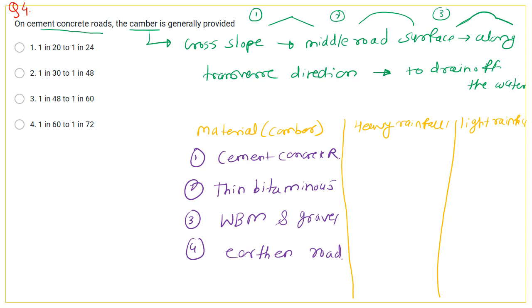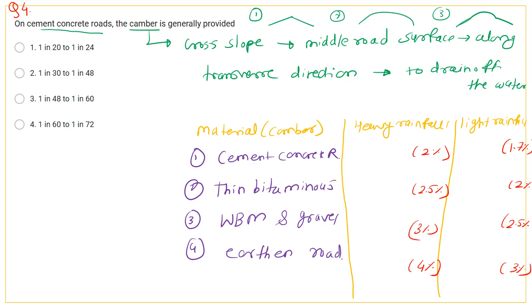First, we remember the values in terms of percentage. Here 1.7%, here 2%, next 2%, here 2.5%, then 2.5%, here 3%, 3%, and here 4%.